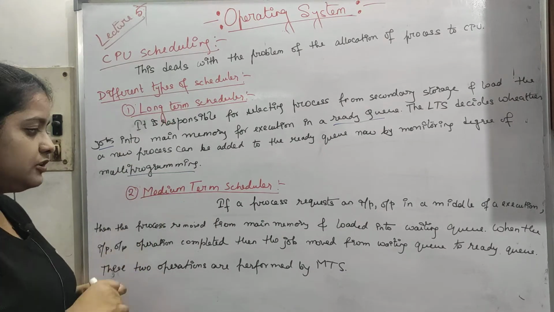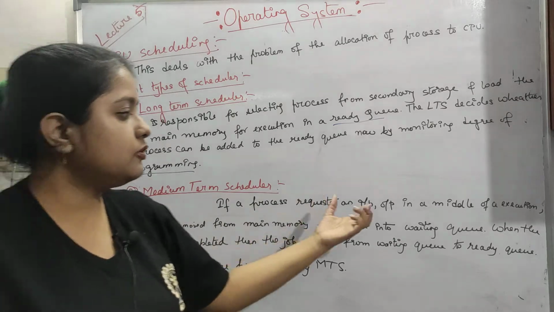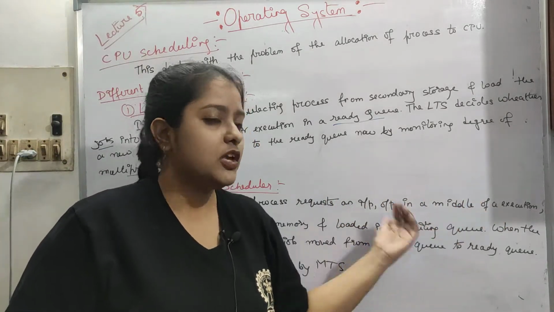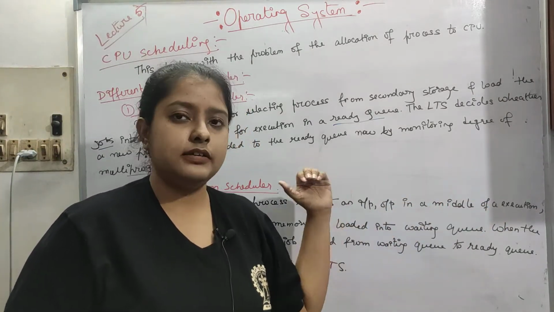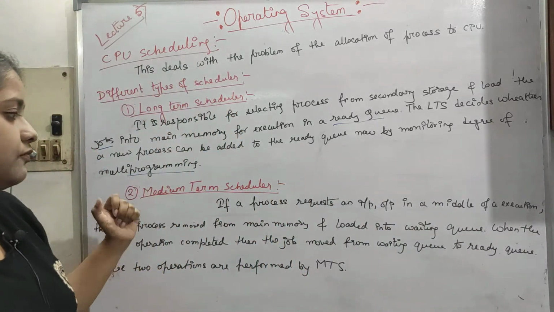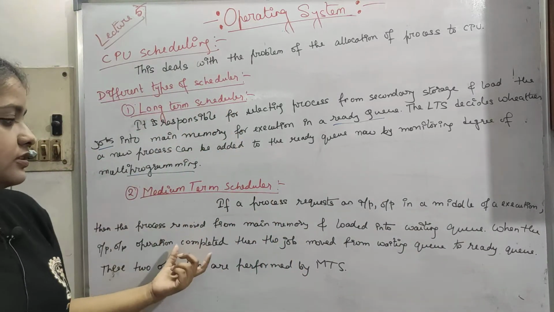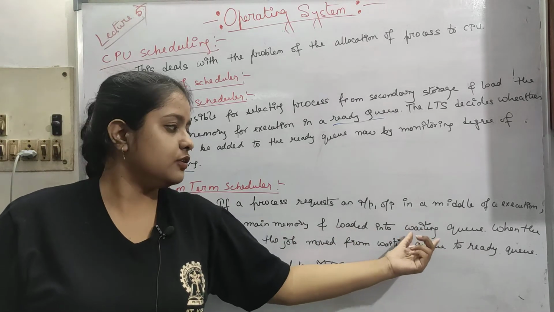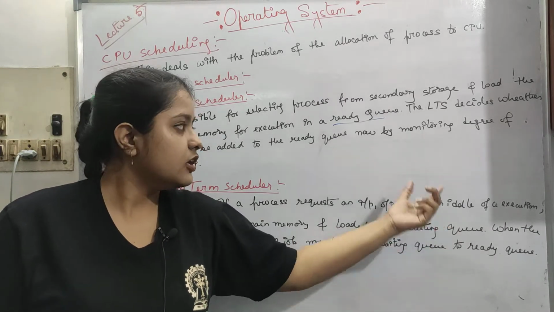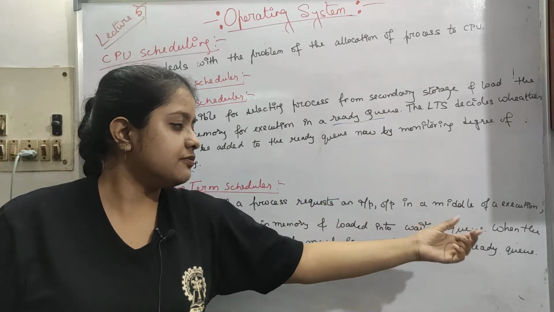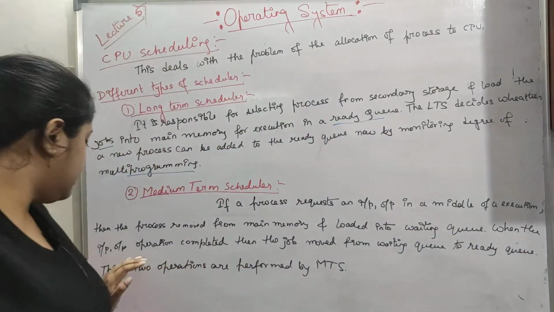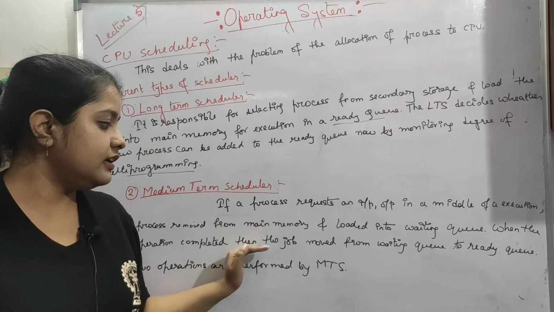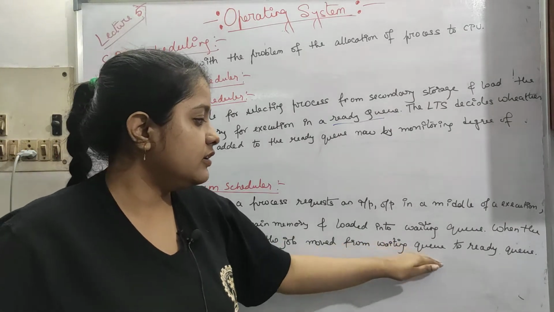Now medium term scheduler: if a process requests an input output in the middle of execution, so once it is executing and it has asked for an input output request, then the process is removed from main memory and loaded into the waiting queue. Waiting queue we are also going to see. So the ready queue is different, the waiting queue is different. When the input output operation is completed, then the job is moved from the waiting queue to the ready queue.